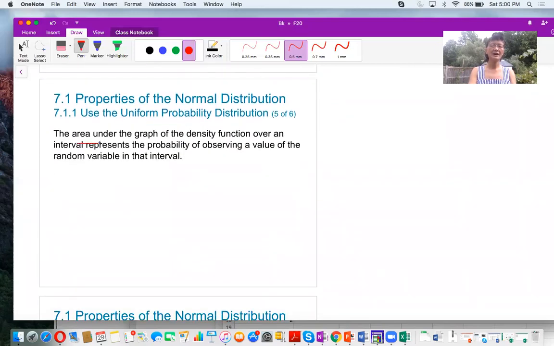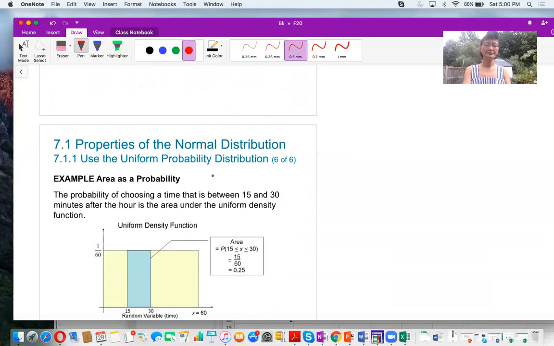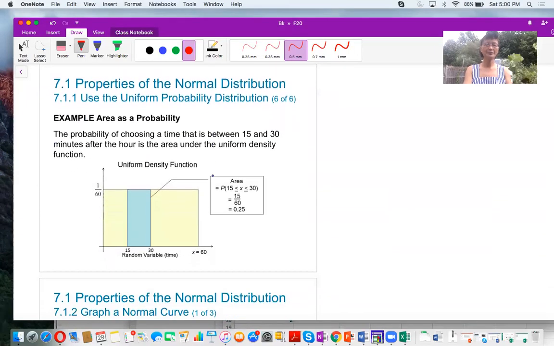The area under the graph of the density function over an interval represents the probability of observing a value of the random variable in that interval. So let's look at this example: area as a probability.